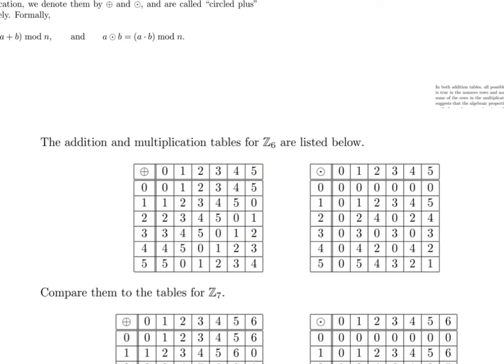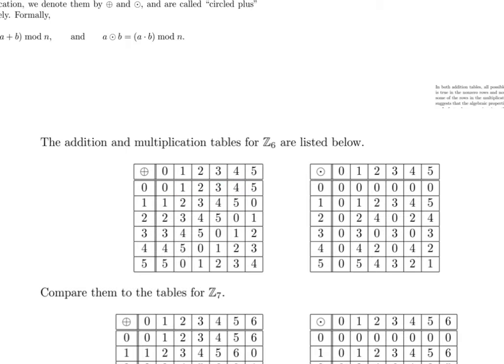Why? Well, 3 plus 5 is 8, but 8 mod 6 is 2. Let's pick another one. What about this here? 5 plus 3, which is 8, is 2, because 8 mod 6 is 2. We're in the mod 6 world here.